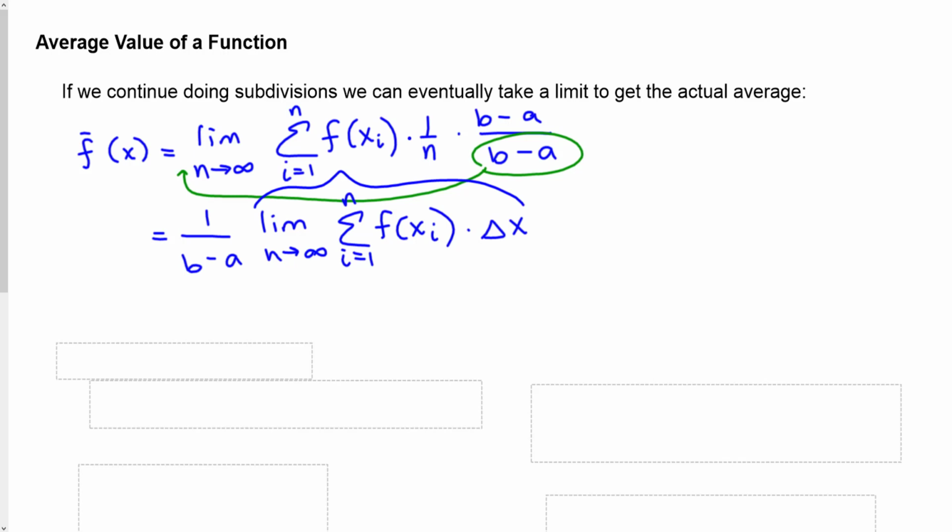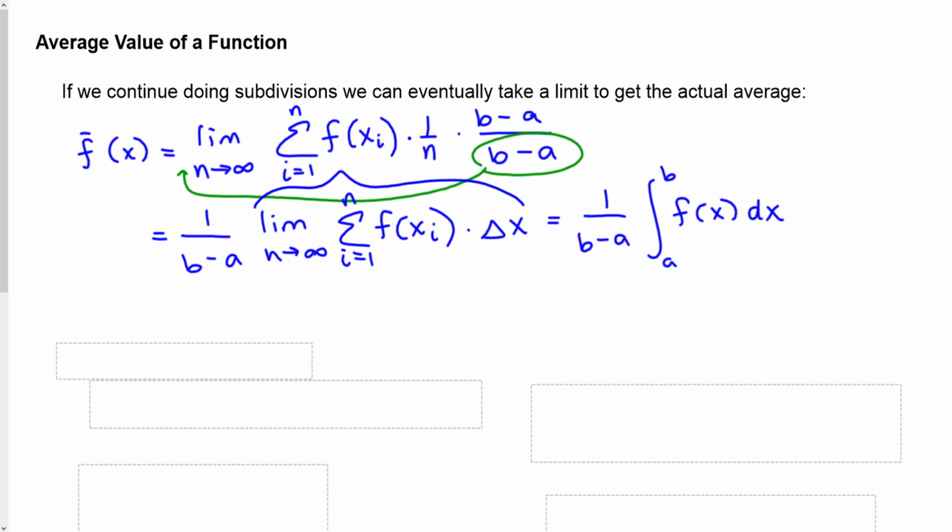So then the average value of f is 1 over b minus a, so 1 divided by the width of my interval, times the area under the curve from a to b of f of x dx. So this is how we actually compute the mean value of a function over a specified interval.